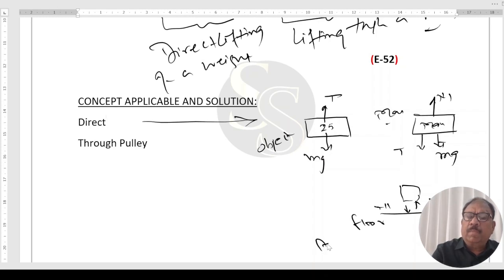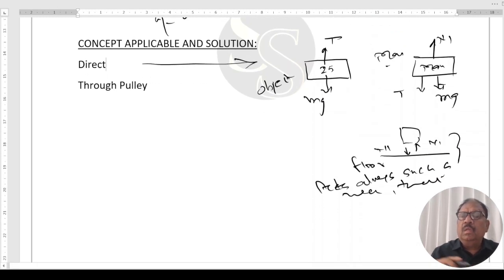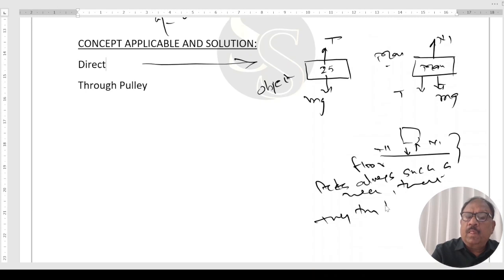Contact forces always act in such a way that they try to separate each other and not to stick together.